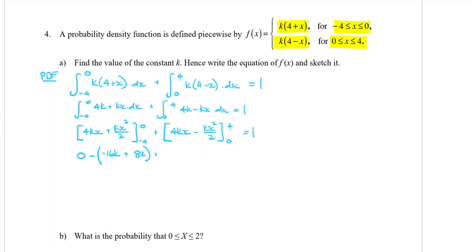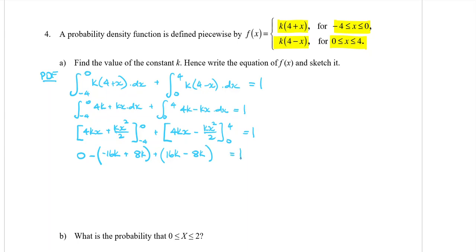All right, plus, second one, subbing in the 4, we get 4 times 4 is 16k, minus 4 squared is 16 over 2, 8k. But then I have to sub in the 0. Is subbing in the 0 going to give me anything? No, it's going to be minusing 0 off, so I don't really need that. So I'm going to close that off, and that's going to be equal to 1.